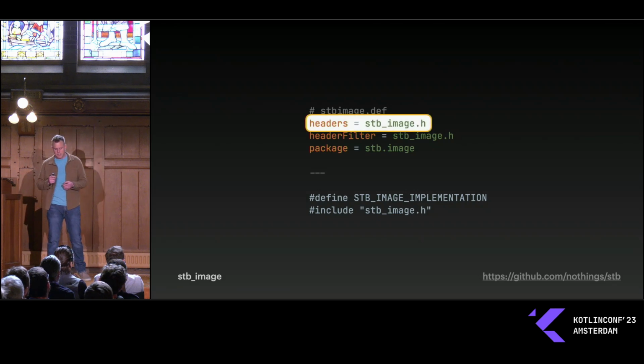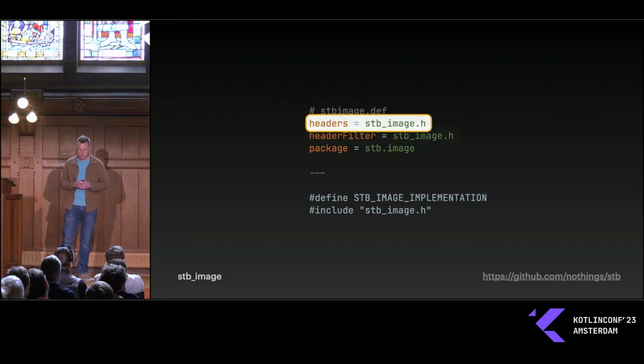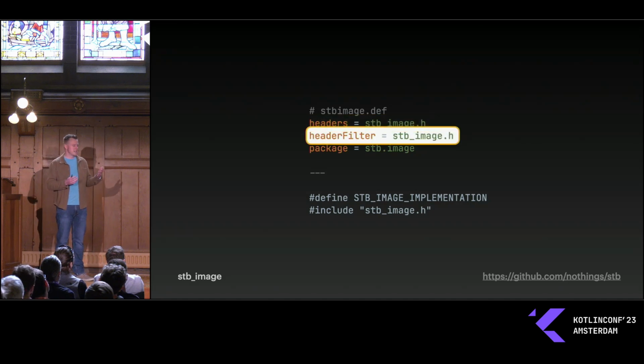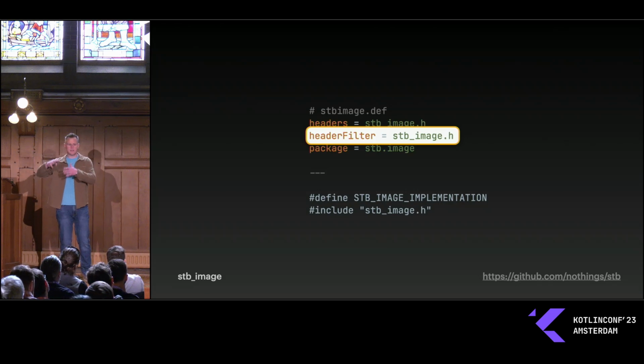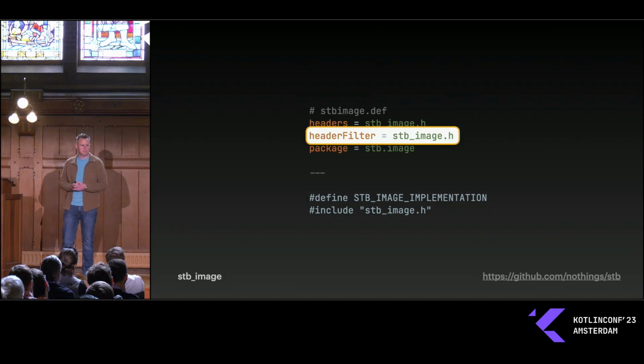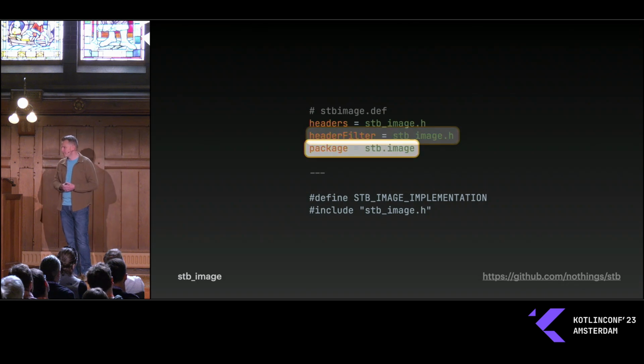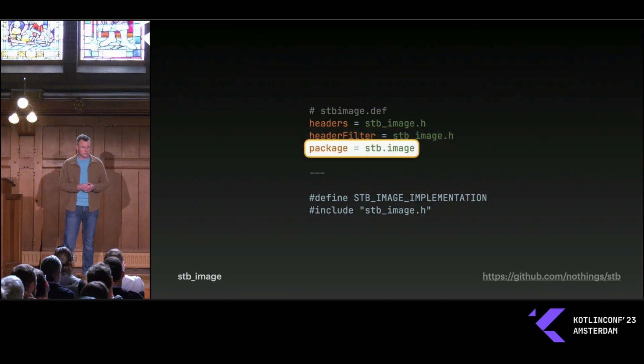What we have here is headers. You list which headers from the library you want to include. Then a header filter, which in this case is the same, but there are certain libraries where maybe you don't want everything that's in some huge megalib. You can filter so you're only taking portions. And then we have the package.